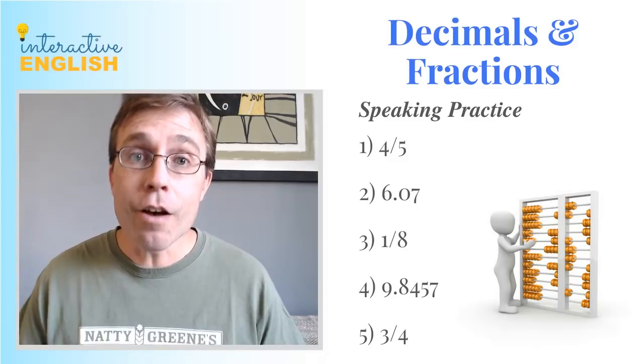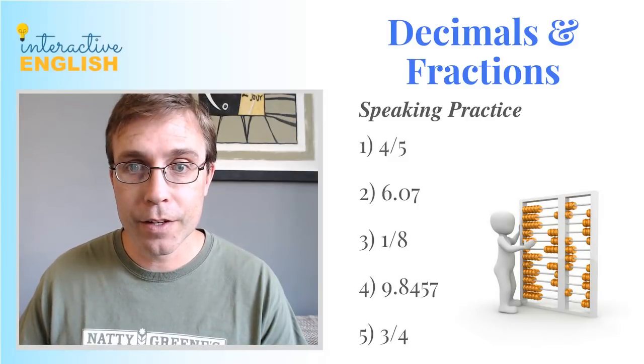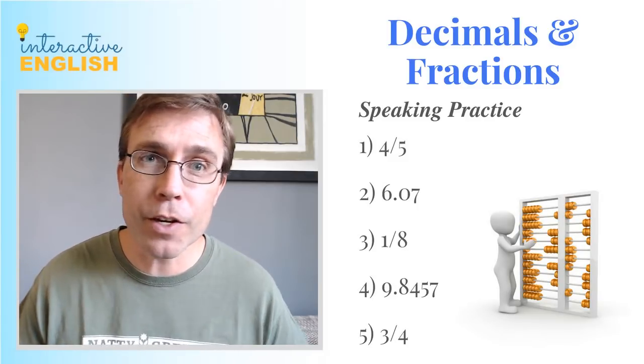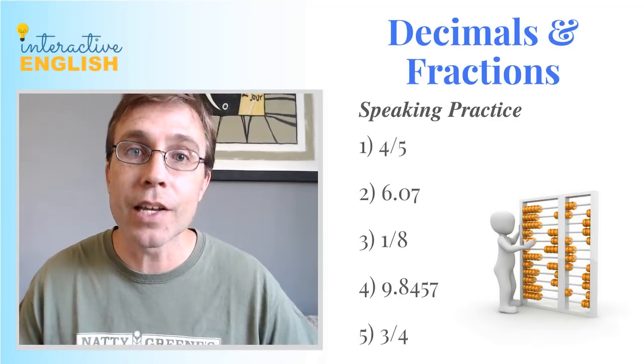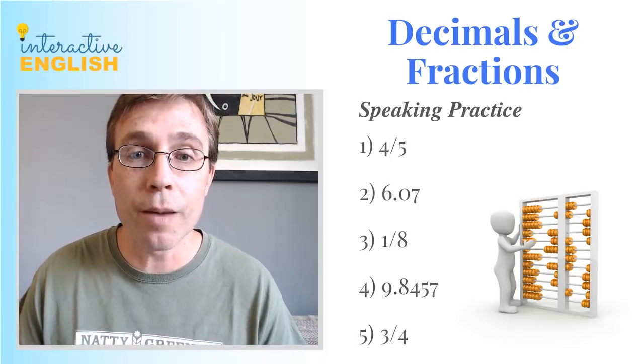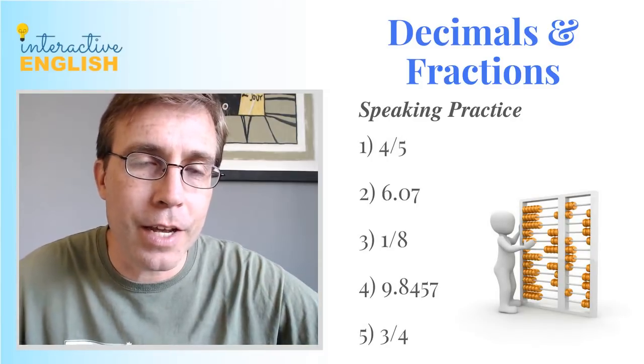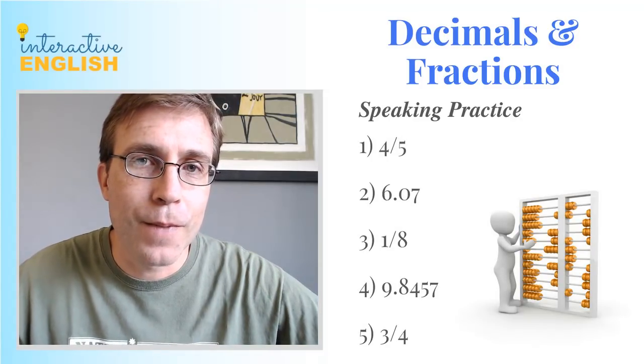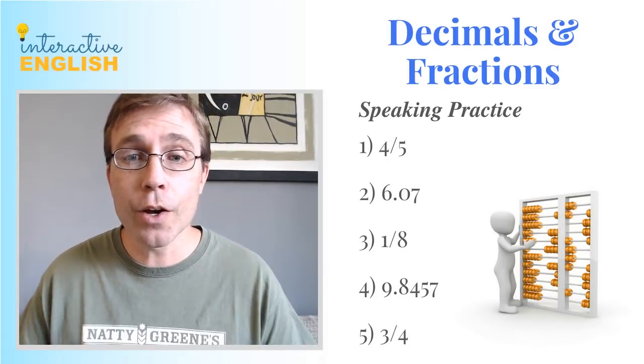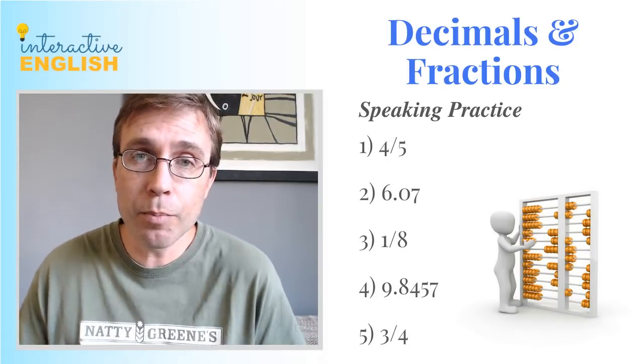Okay, number 1, four fifths. Remember, there should be that S on the end because it is plural, that ordinal number, four fifths. Number 2, how would you say it? Six point oh seven.